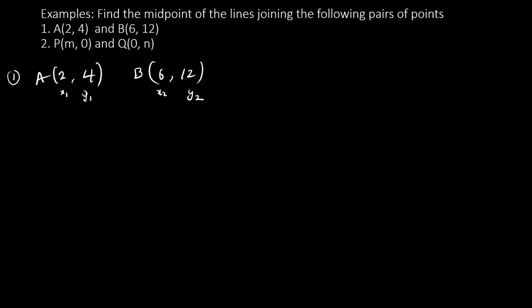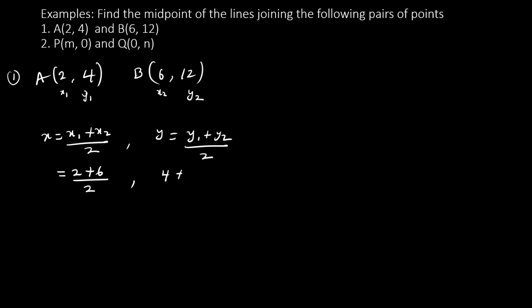As we see from the previous slide, x will be x1 plus x2 over 2, and y will be y1 plus y2 over 2. So x1 is 2, x2 is 6, divided by 2, and y1 is 4, y2 is 12, divided by 2.